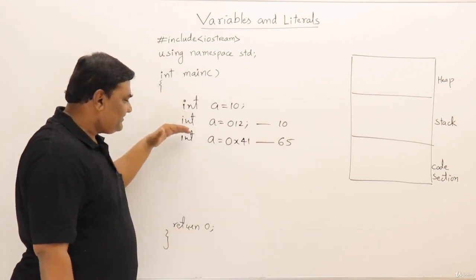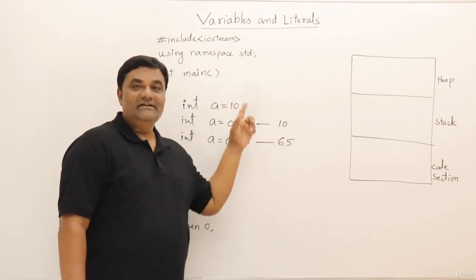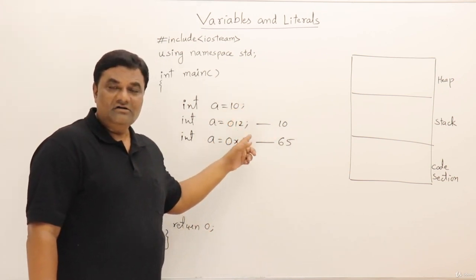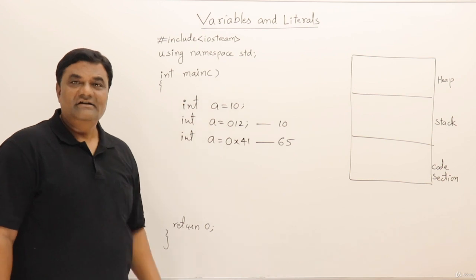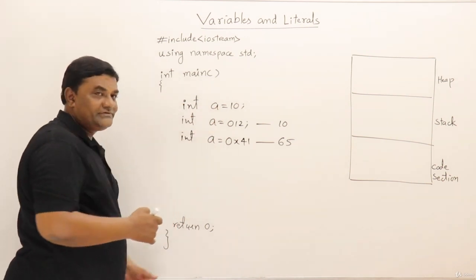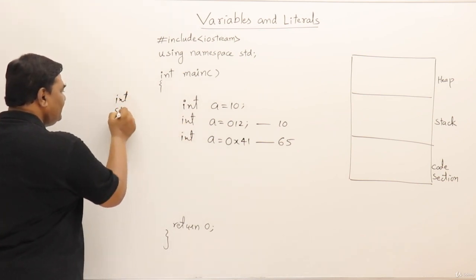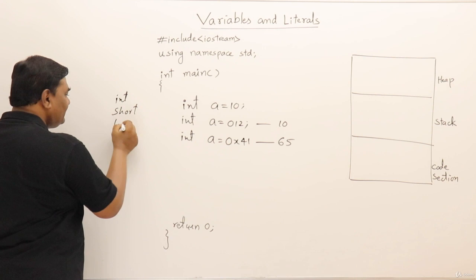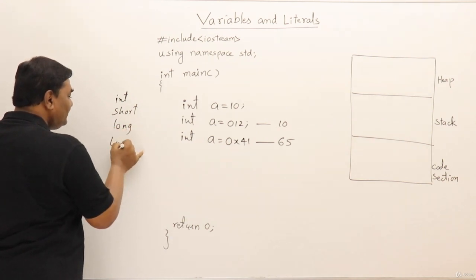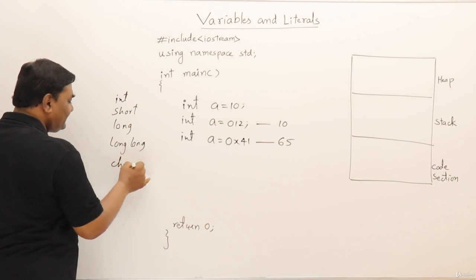So for integer type variables, we can assign a literal in a decimal, octal, as well as hexadecimal number system. These types of literals can be used for integer, short, or long data type, or even for character data type.